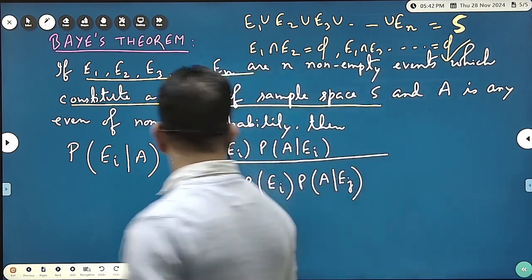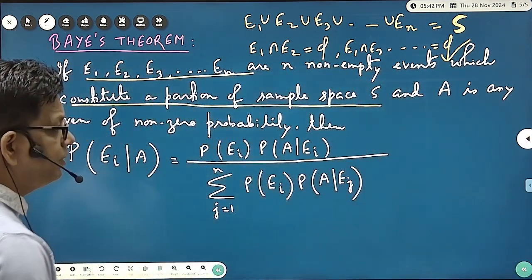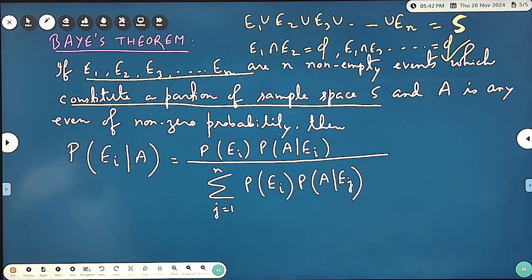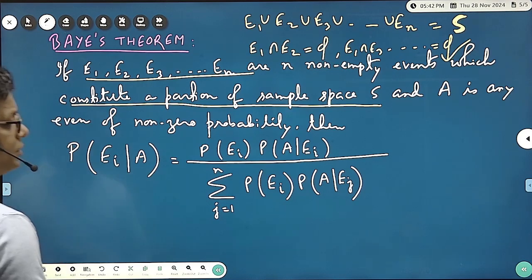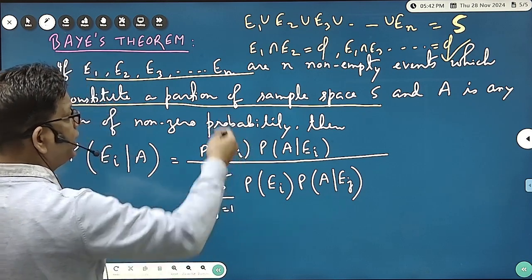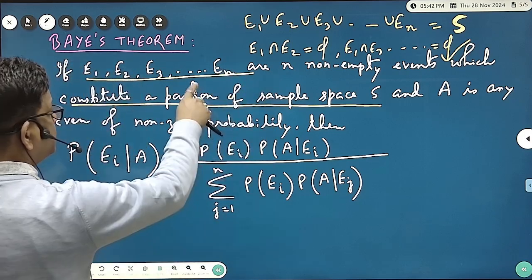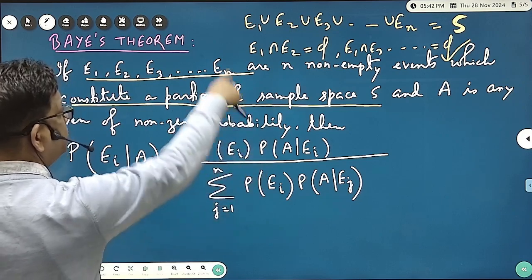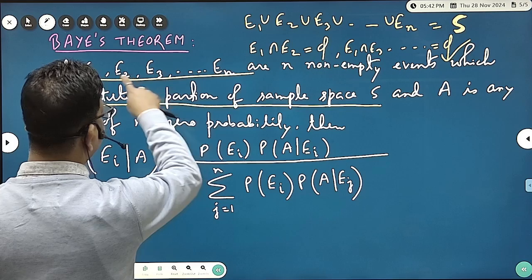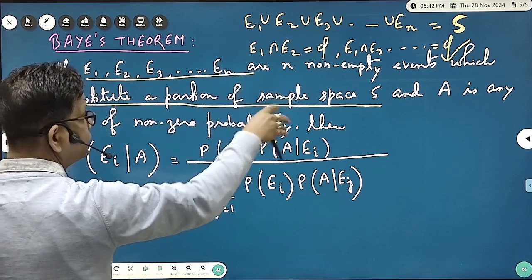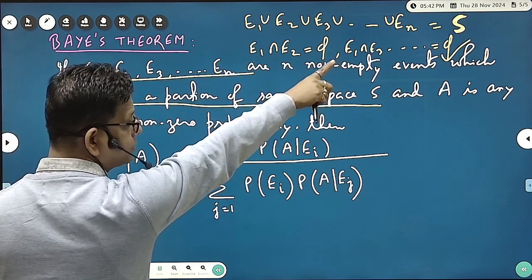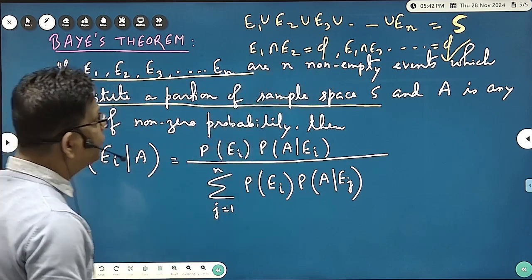One thing is good here: whenever you get a question on Bayes theorem, the events will always form a partition. You don't have to worry about whether they form a partition or not. Questions are given in such a way that they already form a partition. So again, partition means when the union of all the events is considered, it gives the sample space, and they are pairwise disjoint.